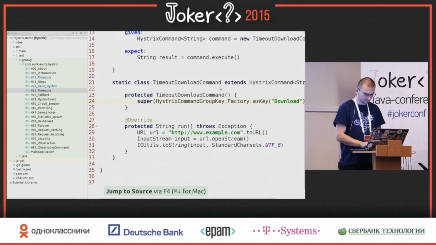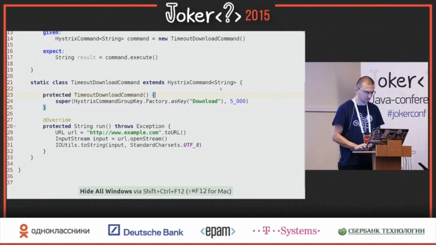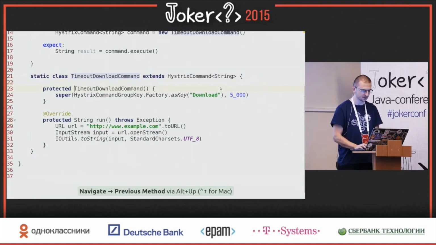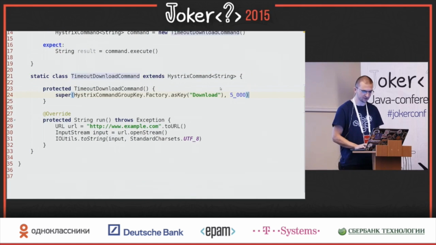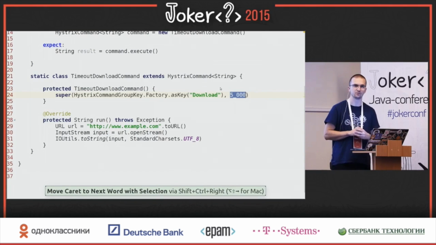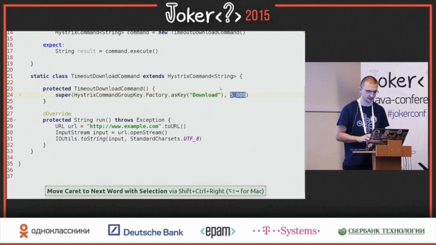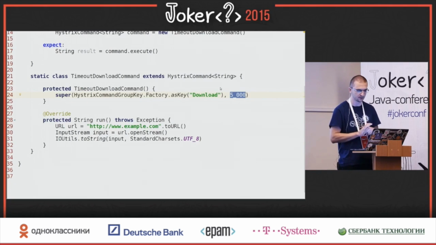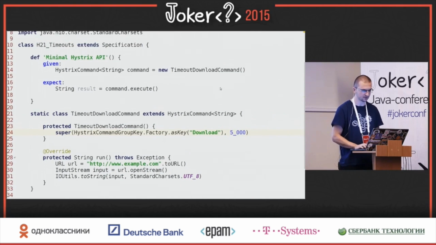Okay, so I said that every command has a default timeout of 1 second. This is obviously configurable, so this is the same command as we saw just a couple of seconds ago. However, this time I explicitly set a timeout to be 5,000 milliseconds. This is just one of literally dozens or hundreds of parameters you can pass here, but just keep with me on that one. So this is really simple.